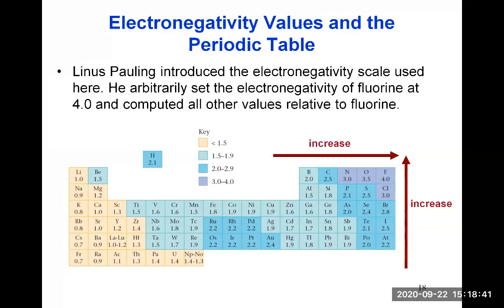In between, the light blue represents elements with an electronegativity between 1.5 and 1.9, and the darker blue represents elements with electronegativity between 2.0 and 2.9. So we really see how electronegativity increases along a period, from left to right, and also increases from the bottom of the periodic table to the top. So non-metals are more electronegative than metals.